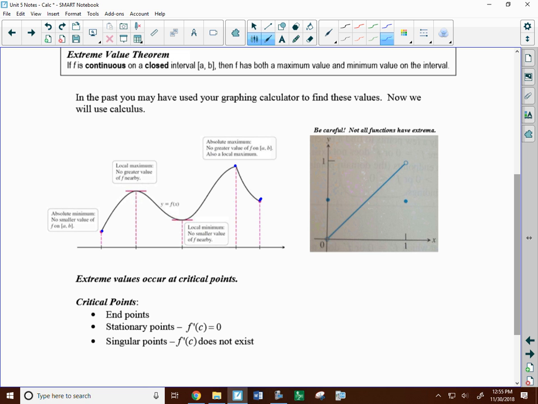The global max, or absolute max, occurs at this point, I'll just call it C, and its maximum value is here. So the max is the y value, and it occurs at the x value. You can see how it's the overall max for the function. None are going to be bigger than it. Same here: this is the global or absolute minimum. There is no other smaller value for the function.